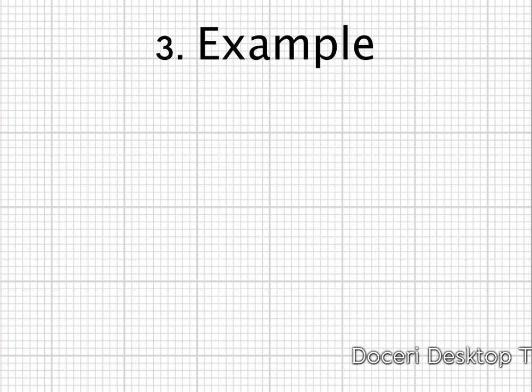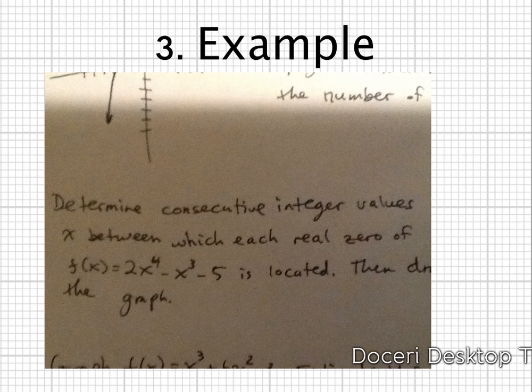So your next example, let me take another picture real quick. Okay, so this next question says determine the consecutive integer values of x between which each real zero of f of x equals 2x to the fourth minus x cubed minus 5 is located.